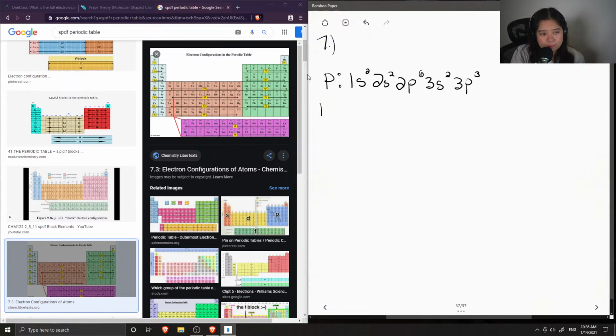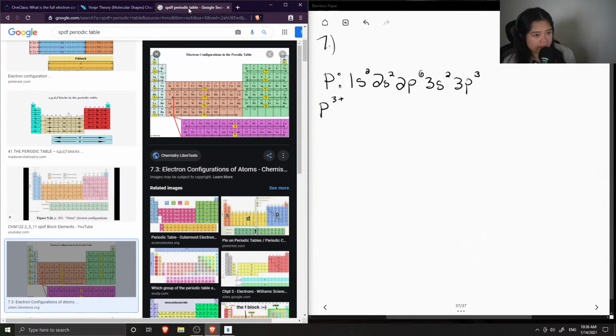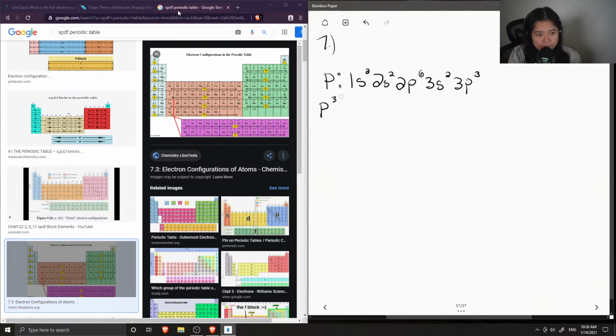If phosphorus had a 3 plus charge, I believe, or was it 3 minus? Okay, so it was 3 minus. So if we have phosphorus 3 minus, that means it gained 3 negatively charged electrons. So our new electron configuration would start off the same. 3s2.